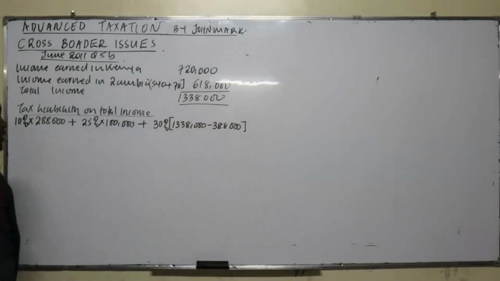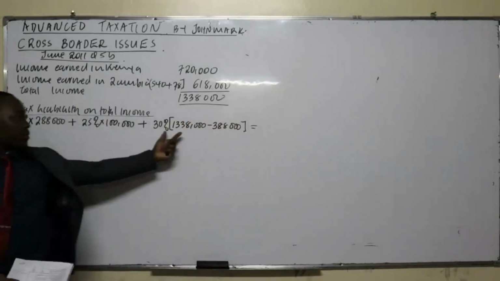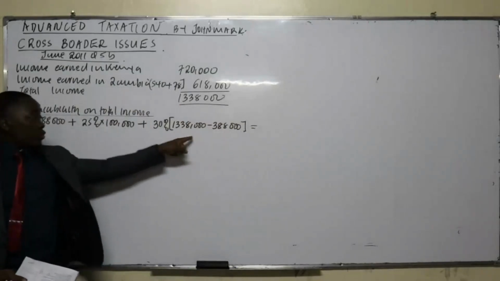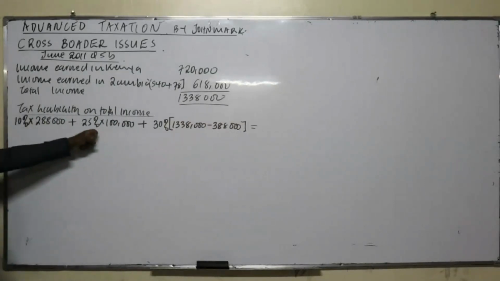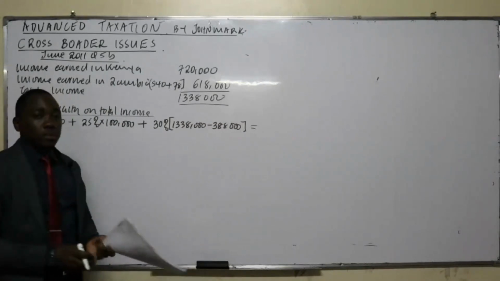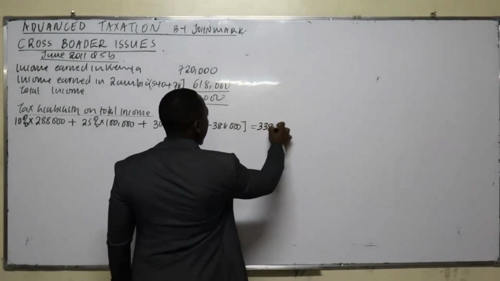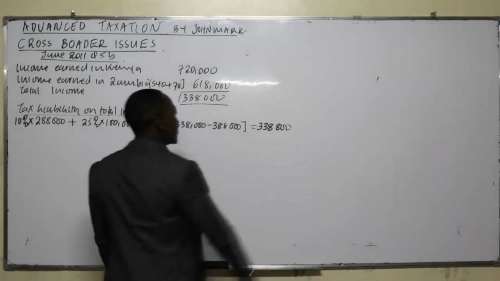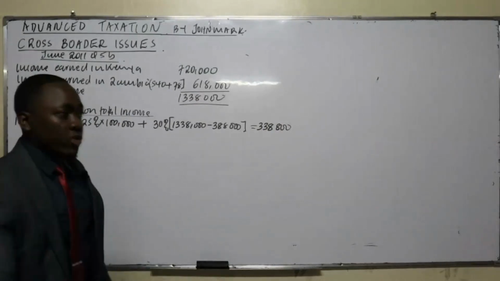How much is that? First of all, this is 28,800, right? Then you add 25,000. Then you add the 30% amount. So how much would be the total tax liability? That was step number 4. You determine the tax liability on the total income.